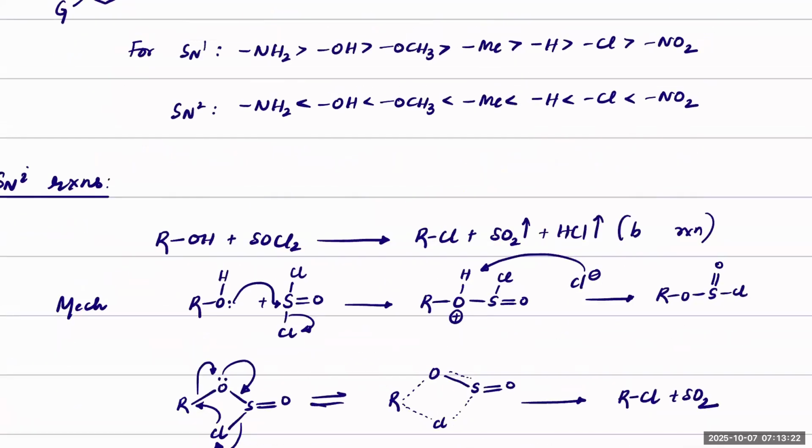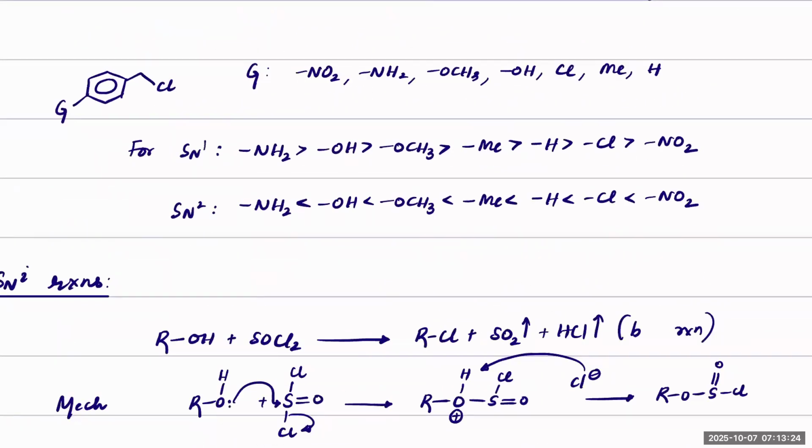Next, if by chance I have a benzyl group here and a G group is present, and imagine these are all the groups that can be present on the benzene. If it is SN1, you are checking for a stable carbocation, right? So anything which is donating like NH2, OH, OCH3, methyl, these are all electron donating groups, so they will stabilize it.